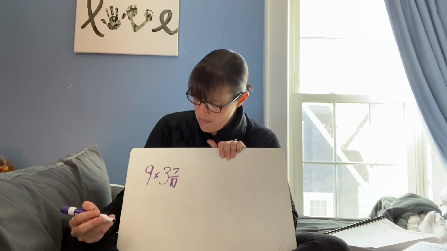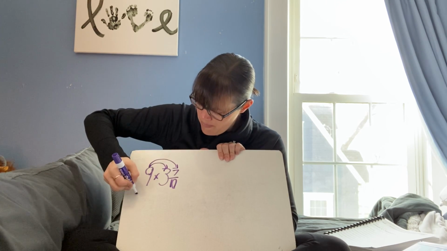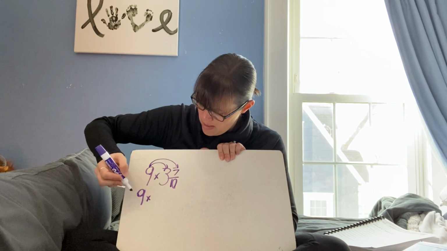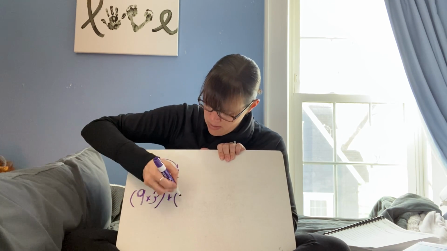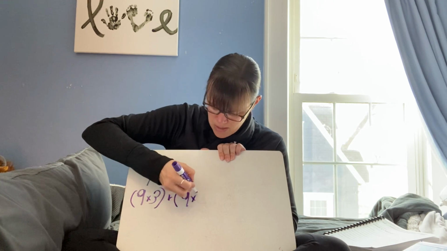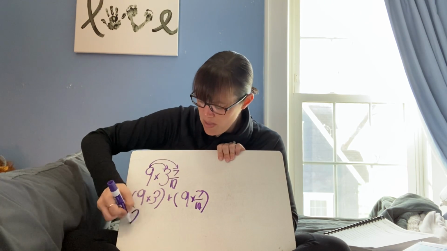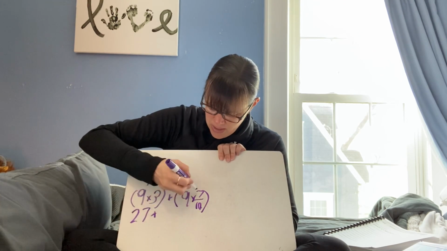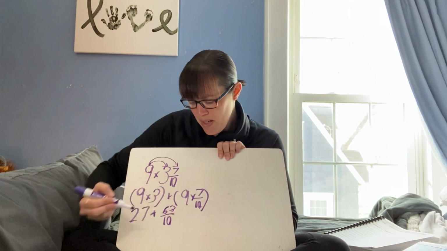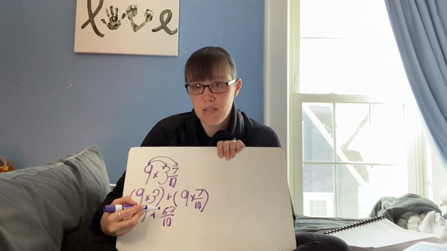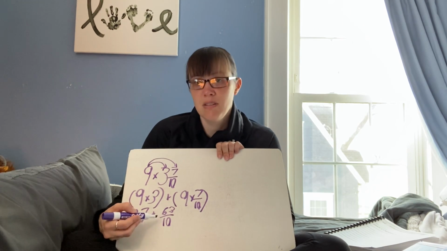Okay. So let's distribute our 9. 9 times 3 plus 9 times 7/10. 9 times 3, 9, 18, 27. Plus 9 times 7/10, 63 tenths. I know that 10 goes into 63 6 times because 10 times 6 is 60.